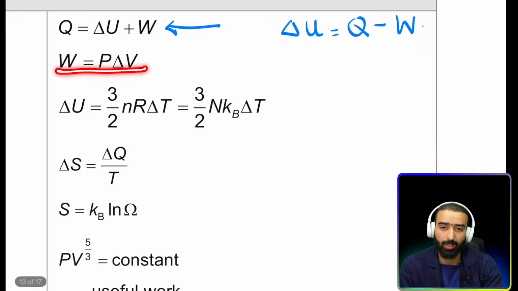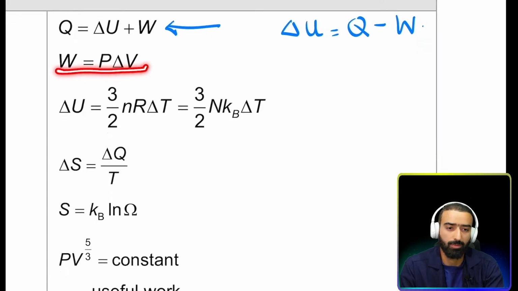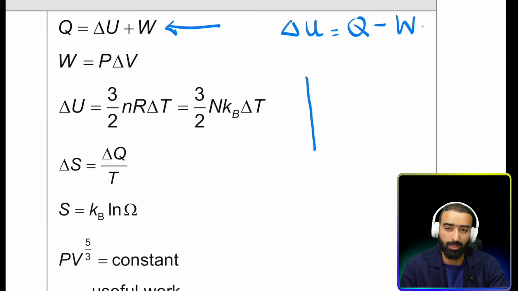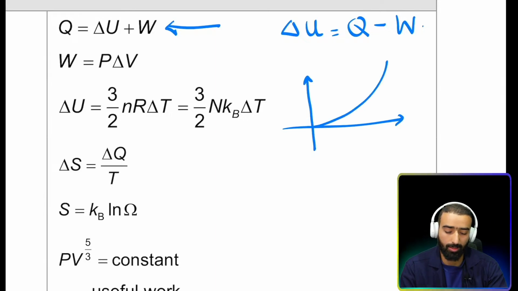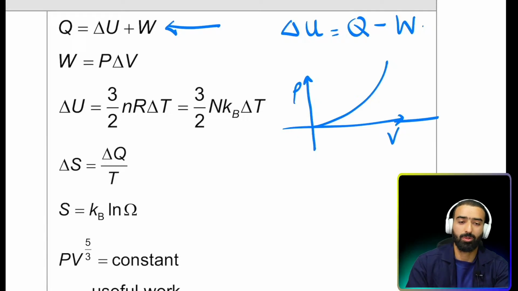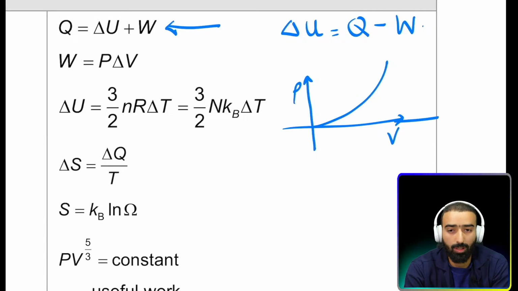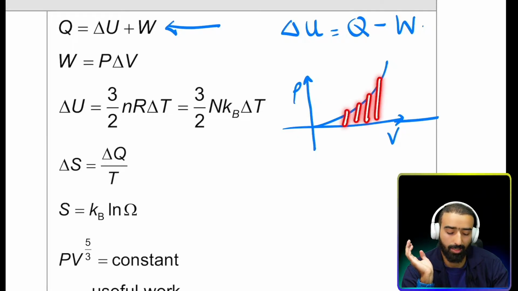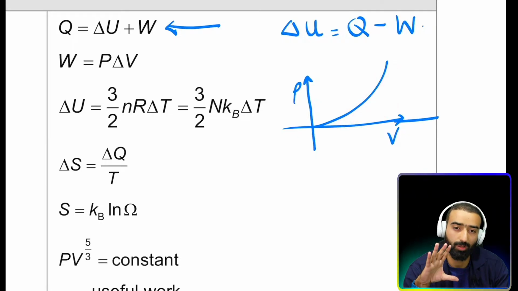And then we have this equation, work equals P delta V. This equation tells us that if you have a pressure versus volume graph, let's say the graph looks like this, this is pressure, this is volume, and you're supposed to find how much work is being done by the gas, all you have to do is find the area under the pressure volume graph.